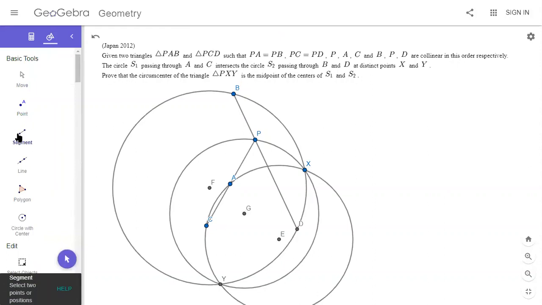And we show G is the midpoint of EF. So these three circles, they all share the same radical axis, right? It's a weird problem.